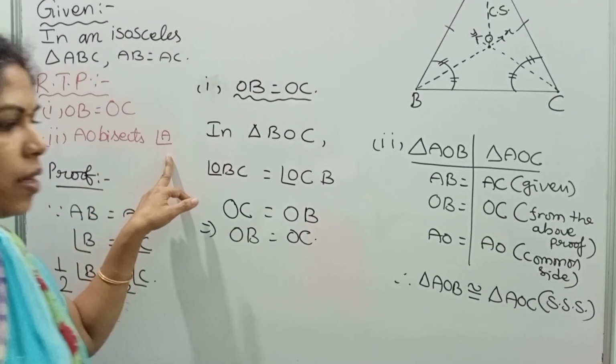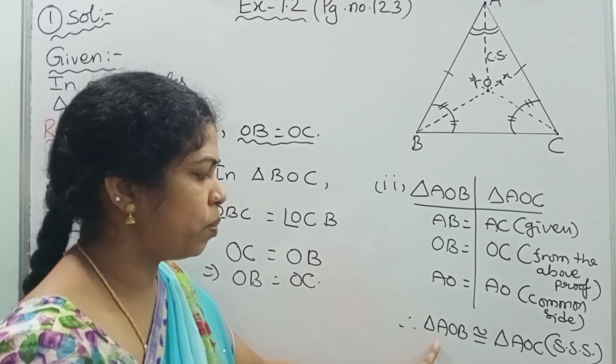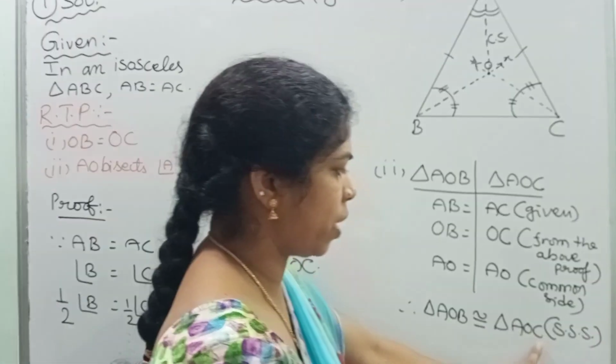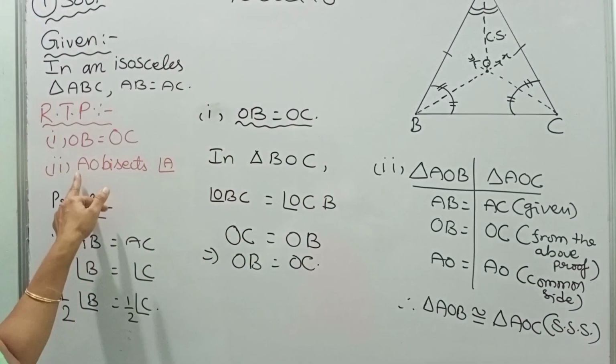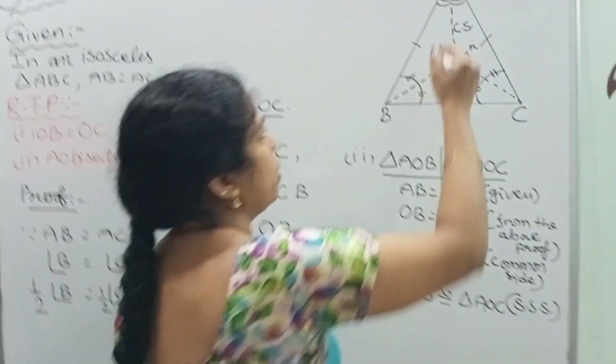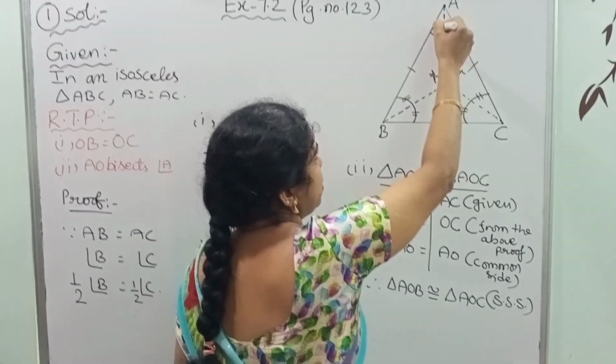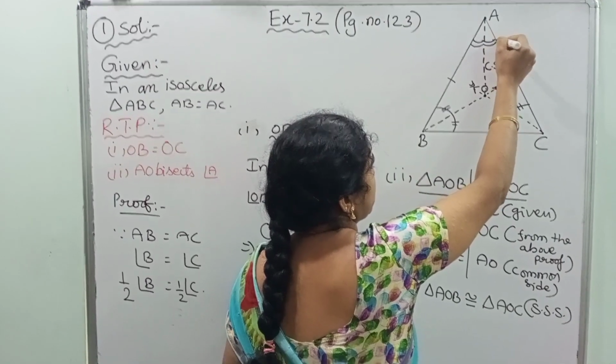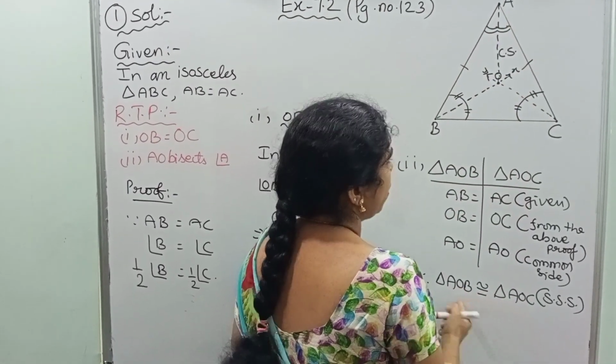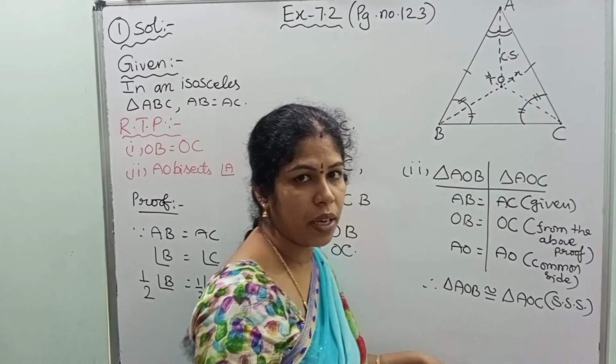AO bisects angle A. The point is not only to prove triangle AOB is congruent to triangle AOC, it is for AO bisects angle A. If you observe, this part is equal to this part. Since these two are congruent triangles, the corresponding parts are equal.